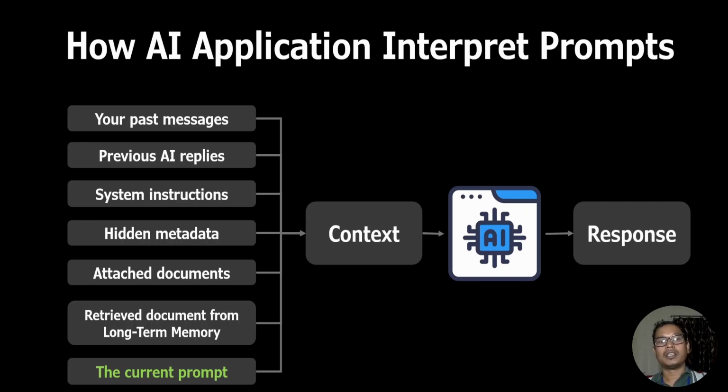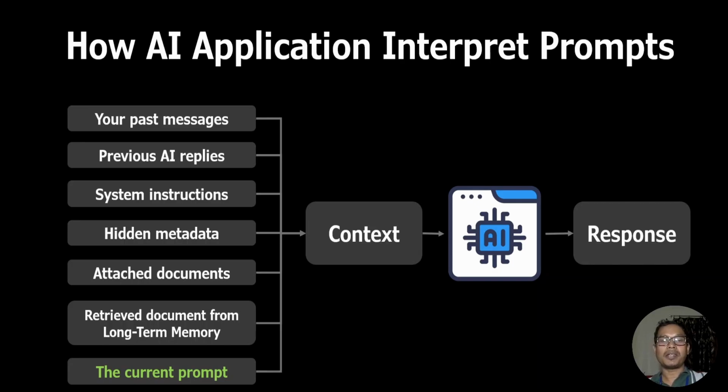The system instructions, which are created by these AI applications, also go to the context layer. The hidden metadata, so if you upload any attached document, that also goes to the context layer. And the documents from your long-term memory, that means if you have past sessions, those are also recorded by your AI tools, and that information is also sent to the AI before generating a response.